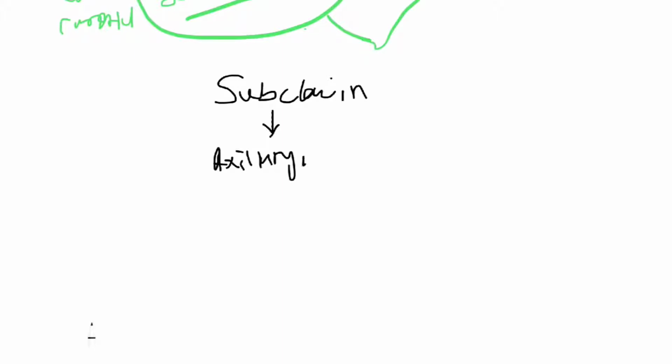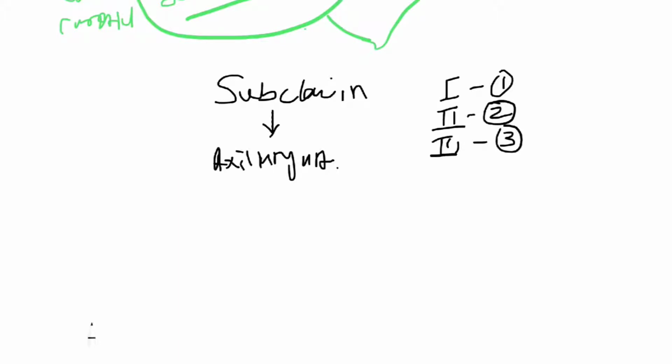and in the axillary artery we have 6 branches. Actually, the axillary artery has 3 parts: part number 1, part number 2, and part number 3. From part number 1 branches come out, from part number 2 branches come out, and from part number 3 branches come out.